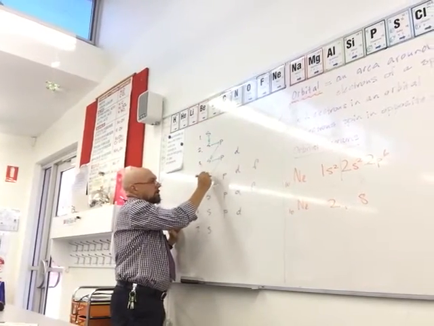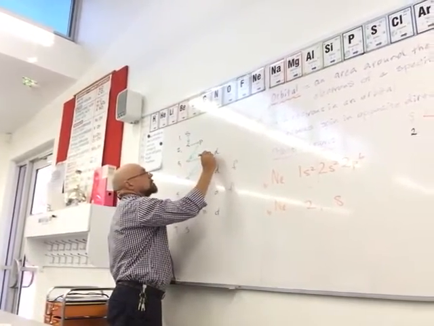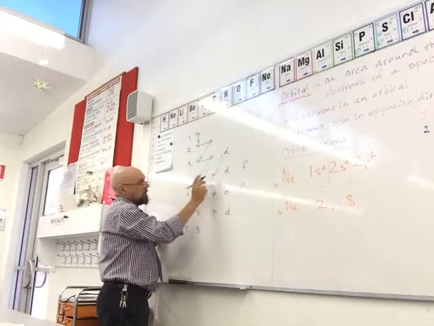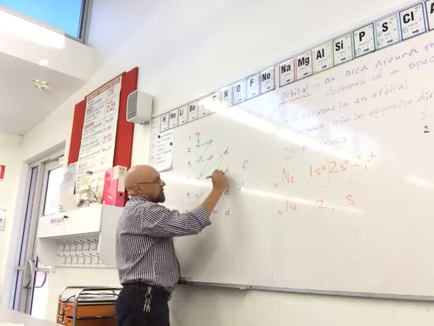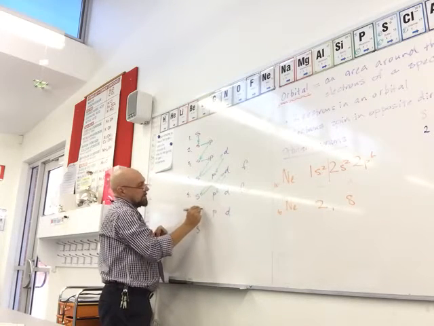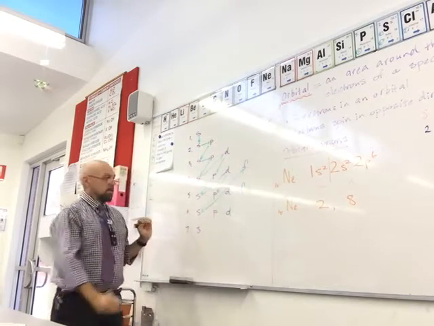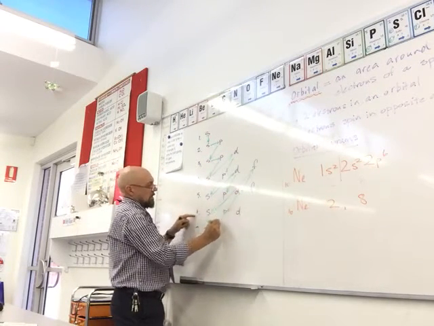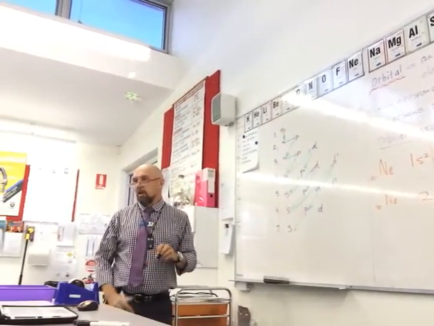Then it's a bit weird, it goes down to 4s, and then it goes up to 3d, and then 4p, 5s. From 5s it goes back up, 4d, 5p, 6s, and then it goes all the way back up to 4f, 5d, 6p, and we won't even bother going any further, because you're never going to use it.